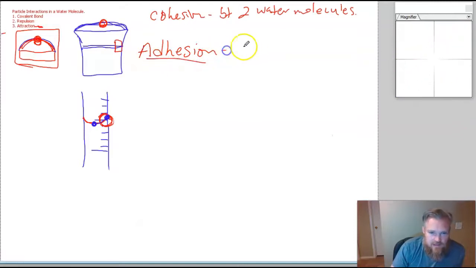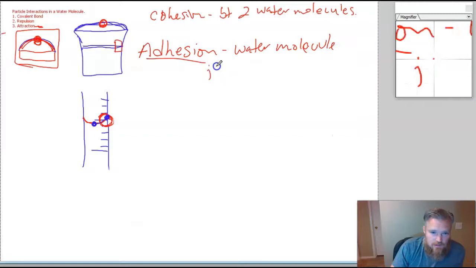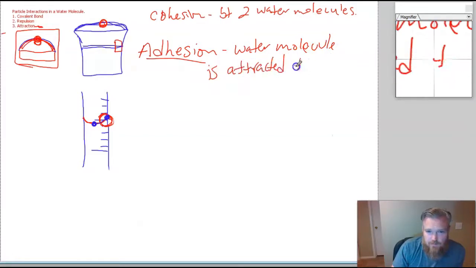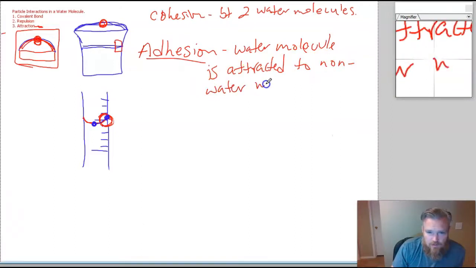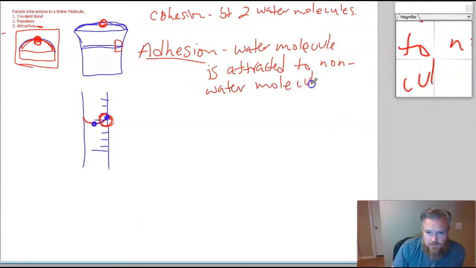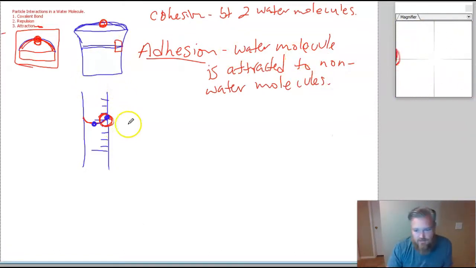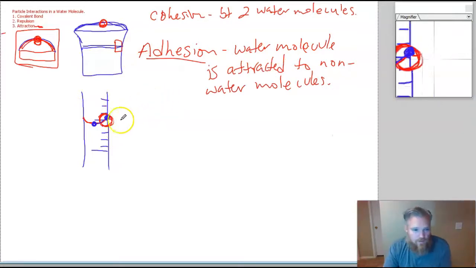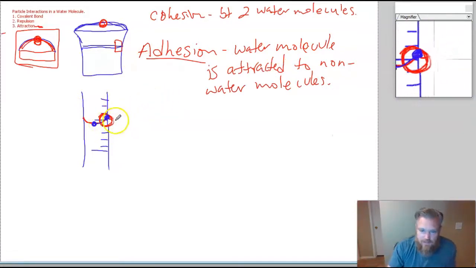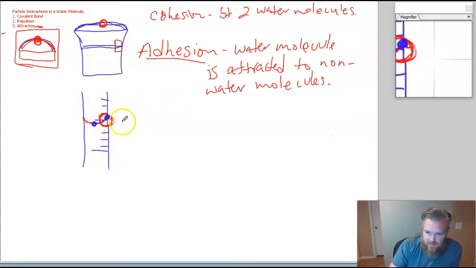And adhesion is when a water molecule is attracted to non-water molecules. Now, usually that means that the molecule that it's attracted to is slightly polar, like water, because there can be those positive and negatives and there can be attraction.